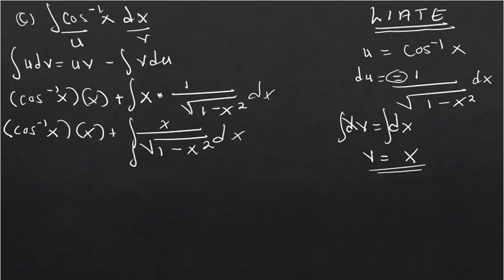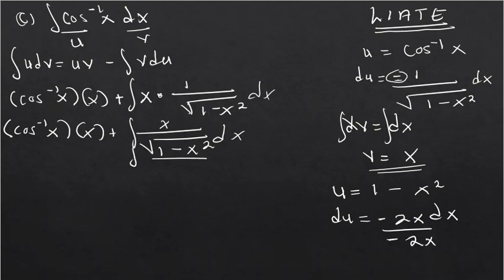I can use u substitution to make everything simple. U is going to equal whatever I have in the square root, and it will be 1 minus x to the power 2. Notice how du becomes negative 2x dx, and of course my dx is du over negative 2x.